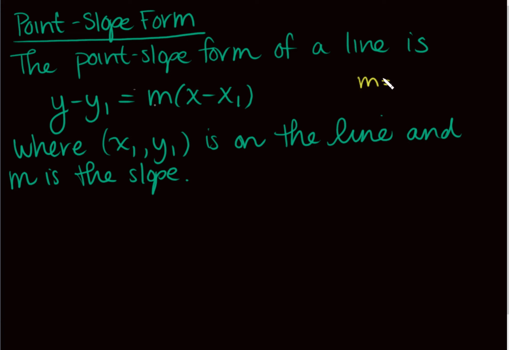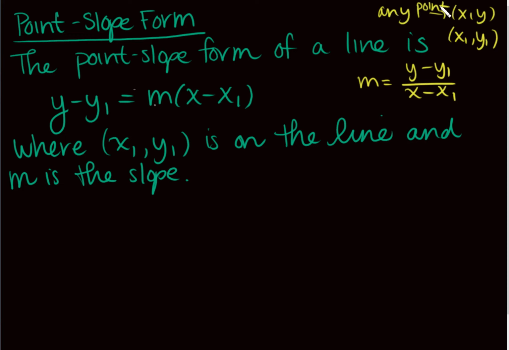What I know is that slope is the change in y over the change in x. So I'm going to do change in y over change in x, where (x1, y1) is a point that I know my line passes through. And then this (x, y) is any point on the line. And by definition of what slope is, that slope has to be consistent for every single point on that line.